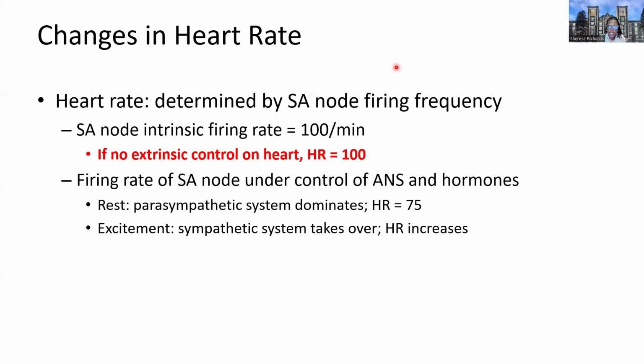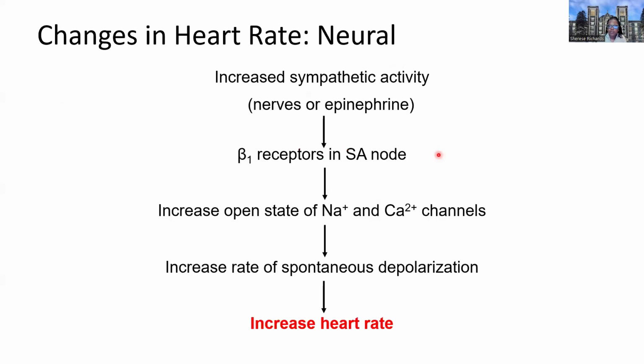So we want to think about the intrinsic firing rate of these pacemaker cells, but also how our nervous system and our hormones actually regulate that to be about 75 beats per minute. All right. Whenever we're in states of rest, the heart rate is lower, but when we have states of exertion or excitement, it can go all the way up to 100, which is its intrinsic firing rate.